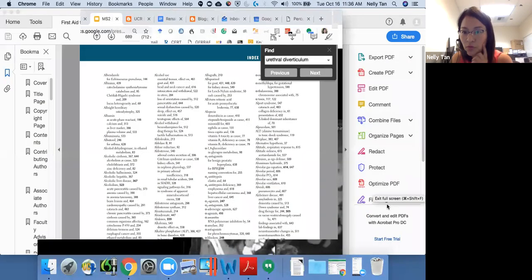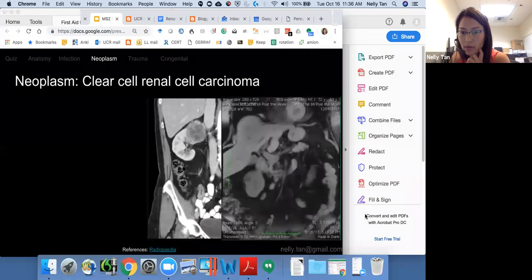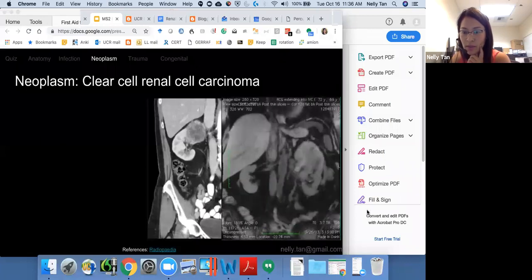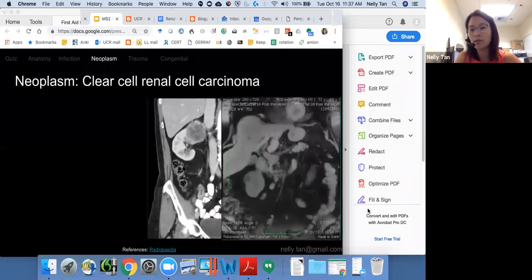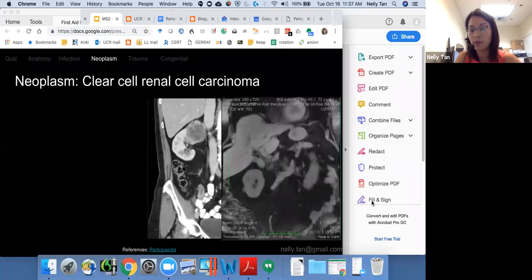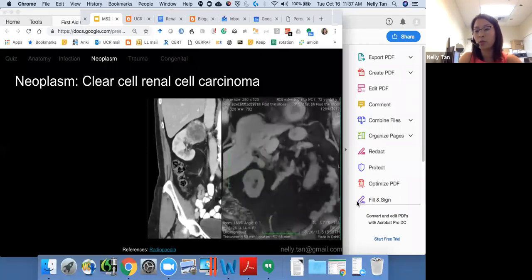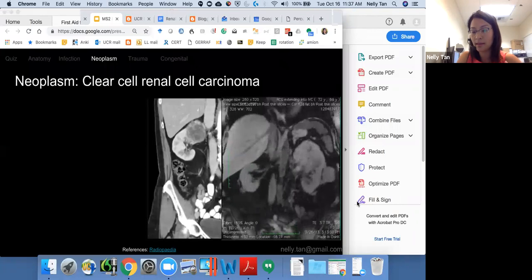So the question from Milo was, should you remove the stone before taking the catheter for the drainage of hydronephrosis? Oh, yes. So correct. So when do you take out the nephrostomy tube? We take out the nephrostomy tube after we know that the ureter is patent.